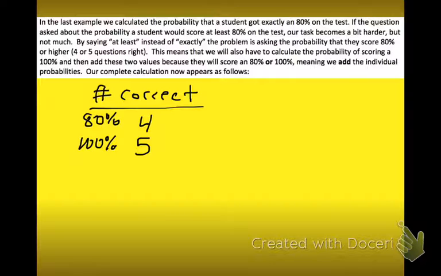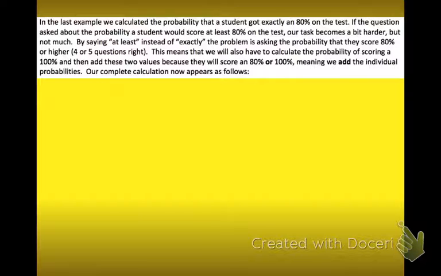So what we're going to do is almost the exact same thing. We're going to calculate our probability for 80%. So if we get 4 correct, or 80%, our n is still going to be 5 questions.